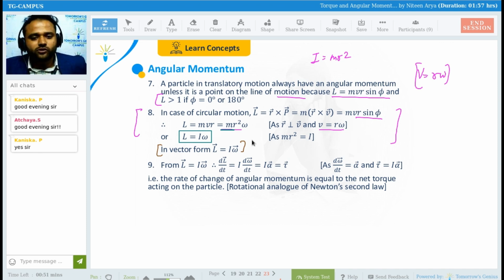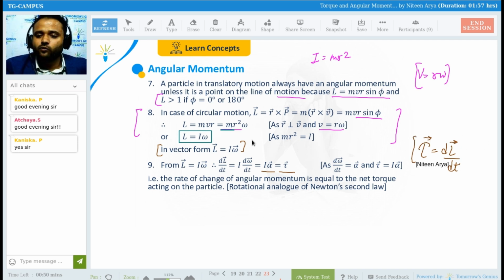We can do a lot of things and anyhow get a relation, but that takes 2-3 steps, which is not required here because we have a direct relation. And from this you can see that as we have omega, dL by dt is I d omega by dt, and we know I alpha is tau, so again tau is dL by dt.